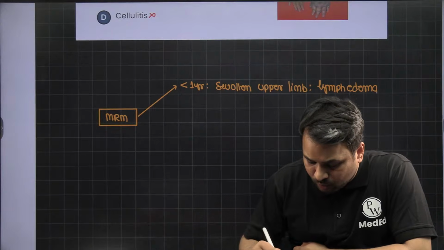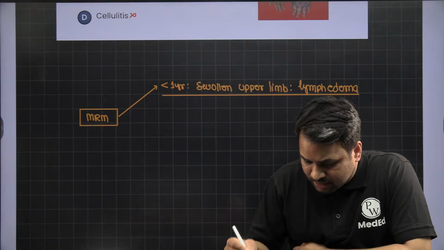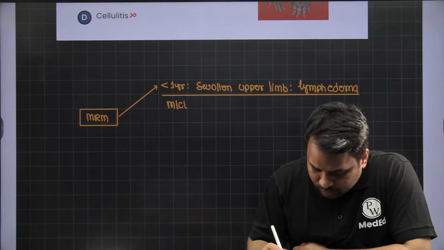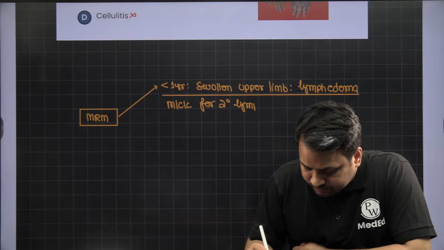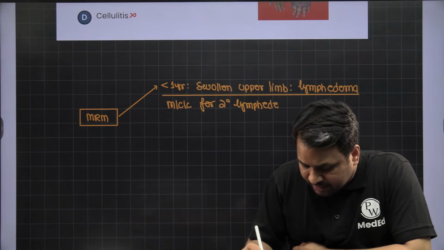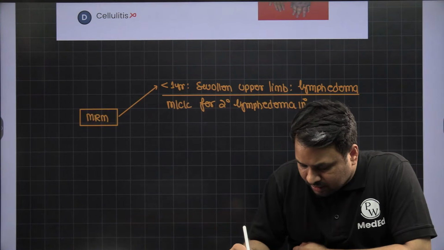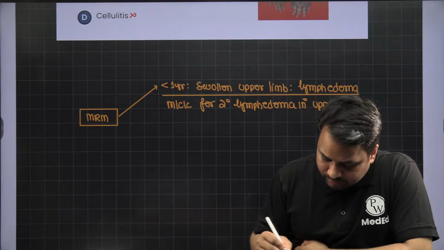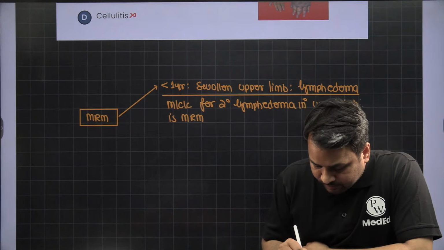In fact, the most common cause for secondary lymphedema of the upper limb is breast surgery. The most common cause for secondary lymphedema in the upper limb is modified radical mastectomy.